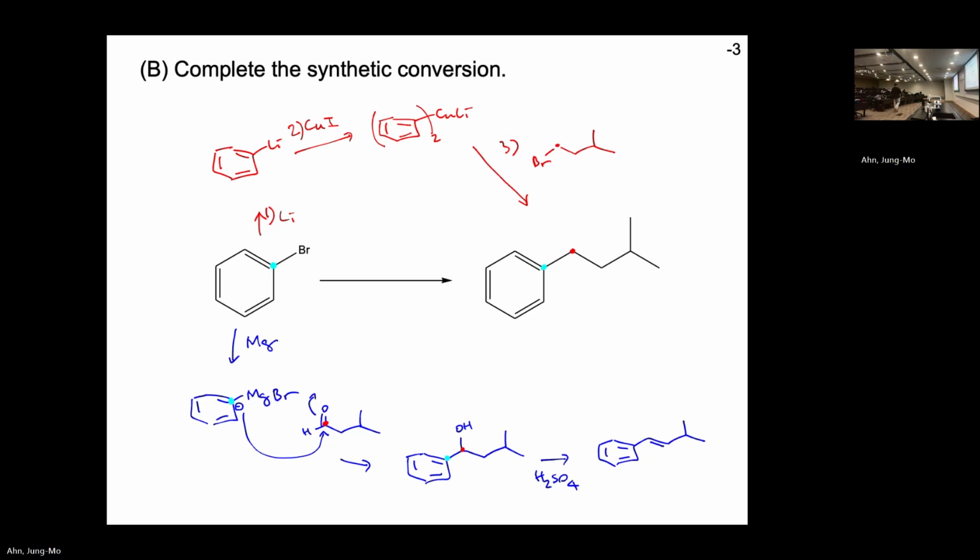Now the task is to reduce the double bond to a single bond, which is pretty simple because we've talked about hydrogenation: hydrogen gas with catalysts like palladium or nickel. So you can see I can accomplish the same thing without using organocopper. There are probably other ways to make the same thing happen. It may take a few more steps, but if all the steps make sense, then it should work.